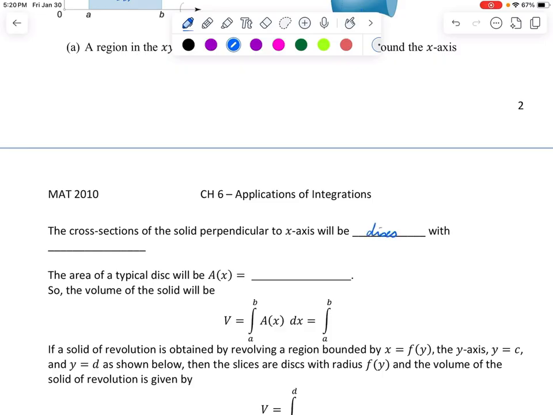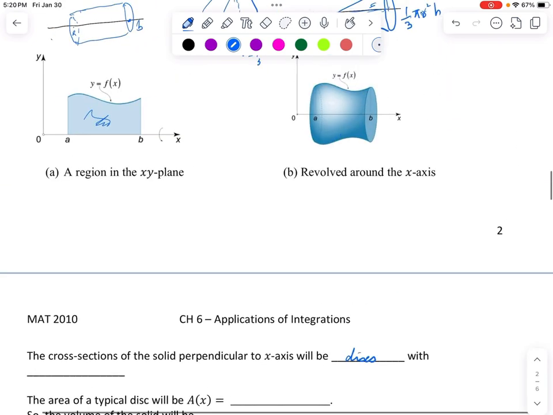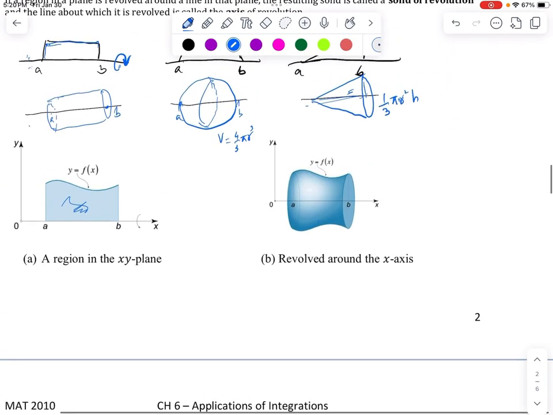With what? What is attached with the circle? Radius. So we want to know what is the radius of that circle. So note here that the x-axis is here, and if I go up, how much is that? That is f of x, and that is the radius of the disc which you can cut here.